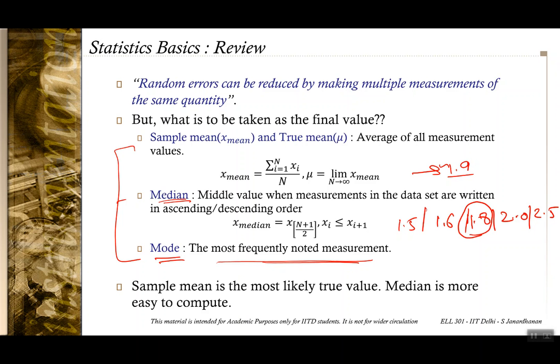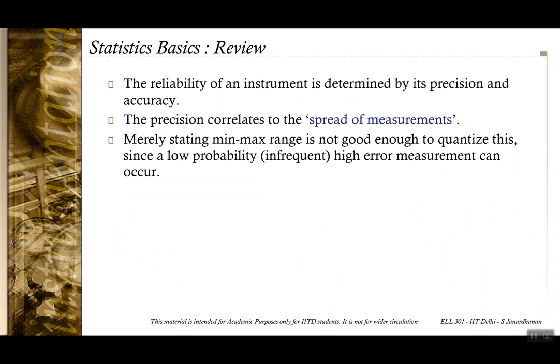So these are the three candidates for the final value, for the average or something that we want to take. And out of these, the sample mean is the most likely candidate to be the true value. Although median is more easily computable. I have to just sort the data set in an ascending or a descending order and choose the middle entry. However, there is also this issue of precision and accuracy of measurement.